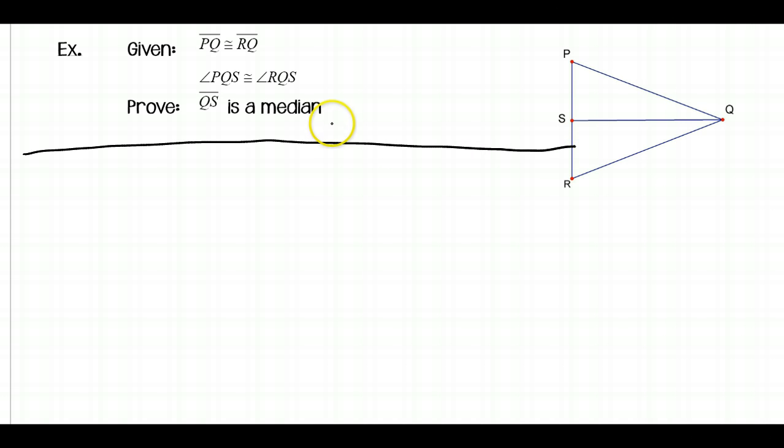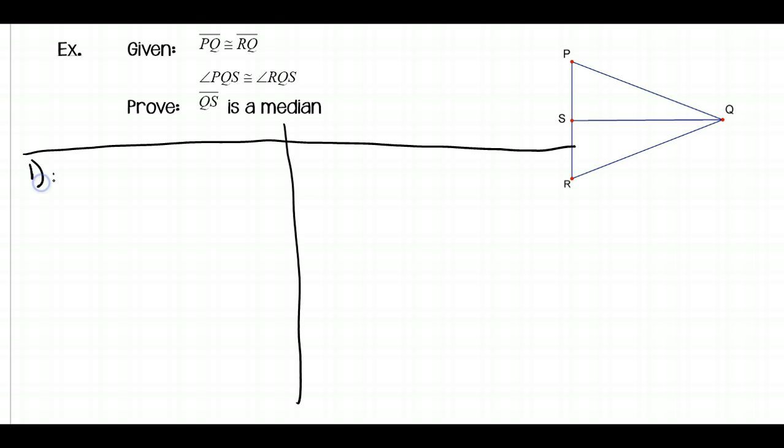So for the second example, I want to prove that QS is a median. So in order to prove that it's a median, I'm going to need to get PS and RS congruent, and I'm going to get these congruent hopefully by proving that the top triangle and the bottom triangle are congruent. Then PS and RS will be corresponding parts.